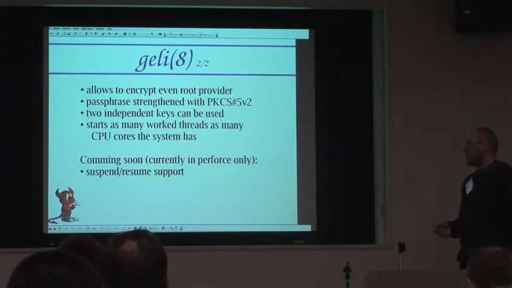And what I have in Perforce is suspend and resume support. This basically allows you not to detach the provider, so you can still have the /dev/yourdisk.eli provider, but it removes all the keys from memory. So you don't have to unmount your file systems. For example, what I do now, when I suspend my laptop, I have to unmount my encrypted provider, and I have a lot of stuff on it.